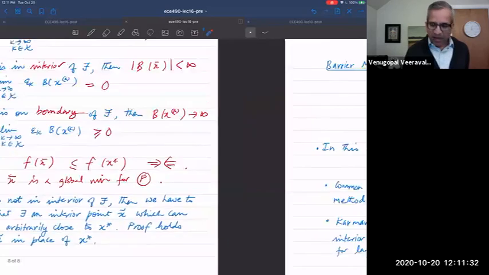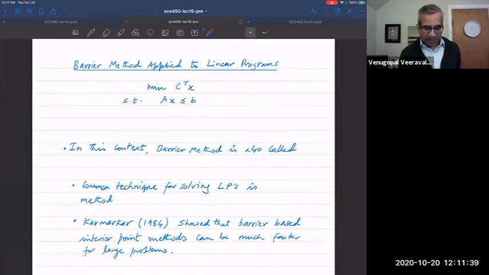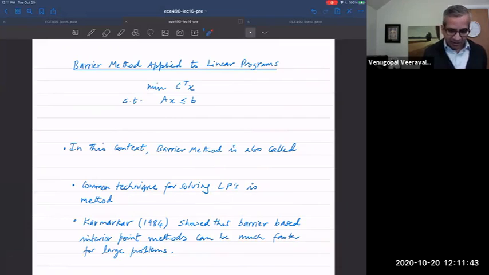All right. So one last comment before we stop today. Interior point methods, barrier methods, were originally applied to linear programming problems. So this is a linear programming problem.